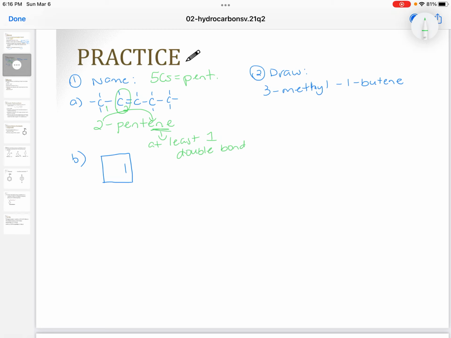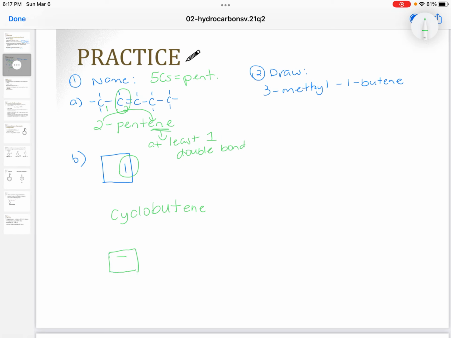So then in B, that's a cyclo, and it's 4 carbons, so it's but. And again, when you have ones like this, you might see this actually written as cyclobutene because there's 1 double bond, but there is no beginning and no end. So no matter which way you write this, we would consider it to be carbon 1.